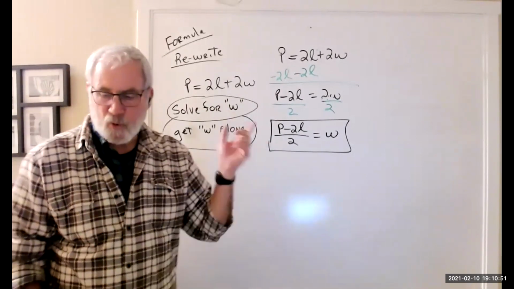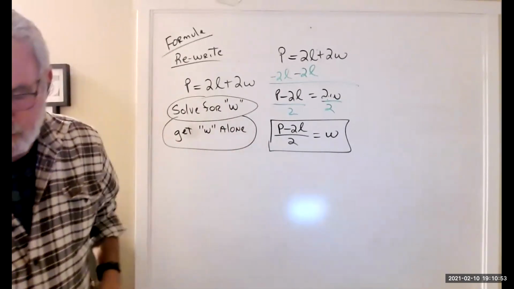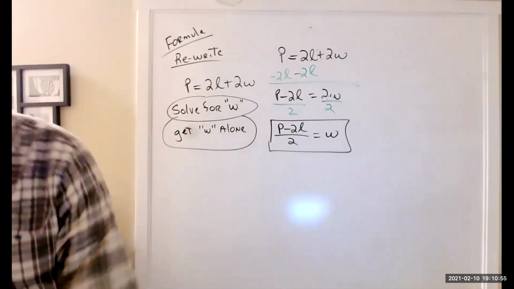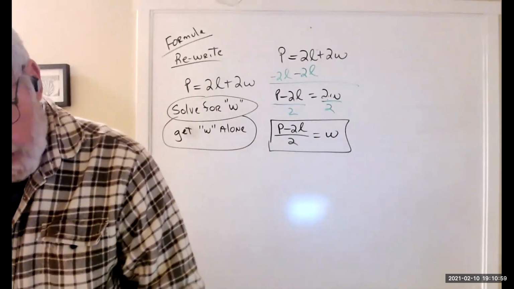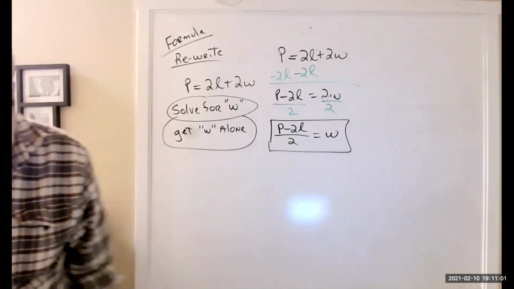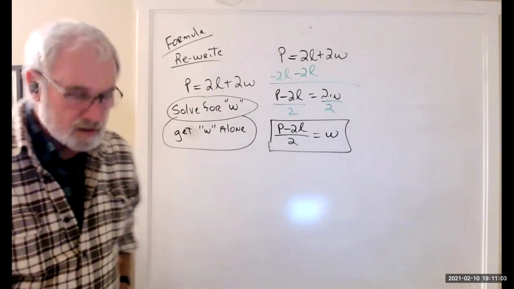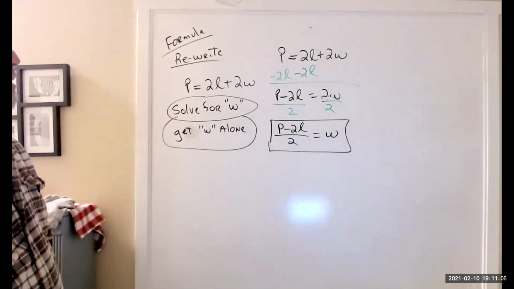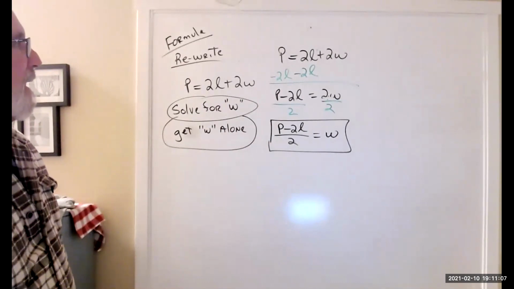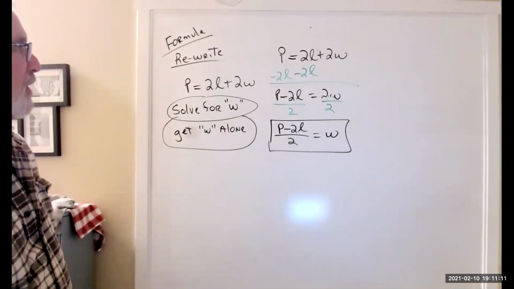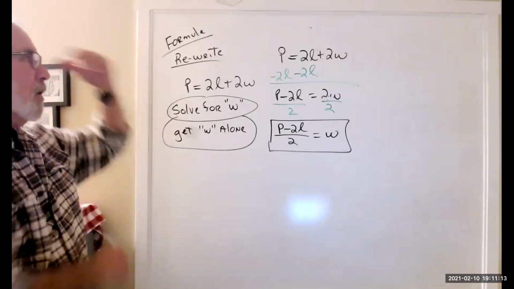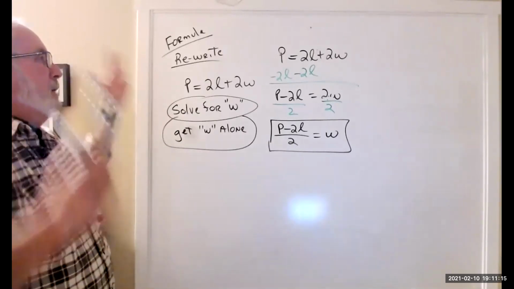Now, let's open it up to some questions first, and then I'll do some more explanation here. Anybody have any questions on what I did, how I did, why I did it? A lot of times students look at this and they go, oh my God, I don't even know where to start.